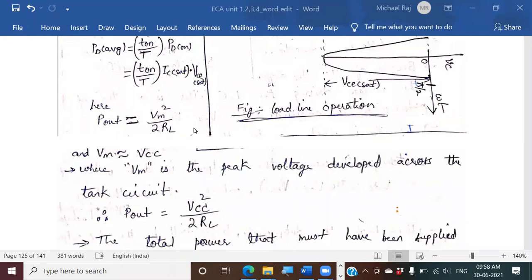We have seen this earlier. So what is the voltage? Vm by root 2, isn't it?